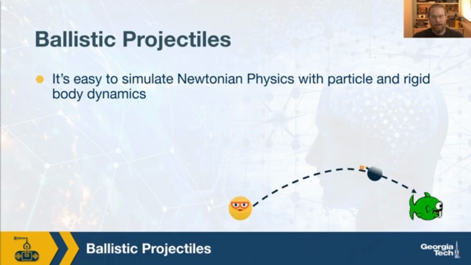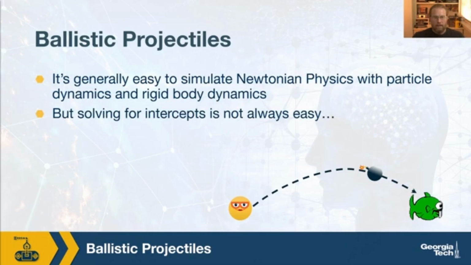These are things you're probably already familiar with from high school physics, calculating based on different equations, or maybe even working with calculus to actually derive these equations. So it's generally easy to simulate Newtonian physics, but solving for intercepts is not always easy.